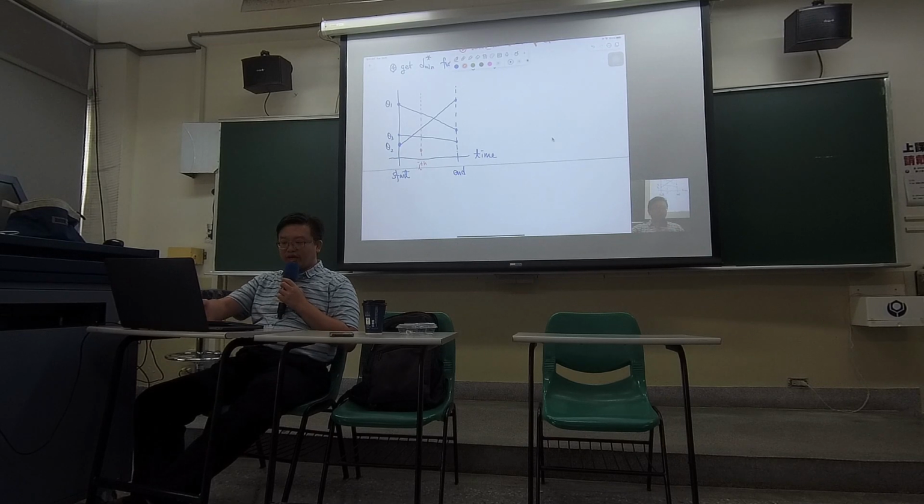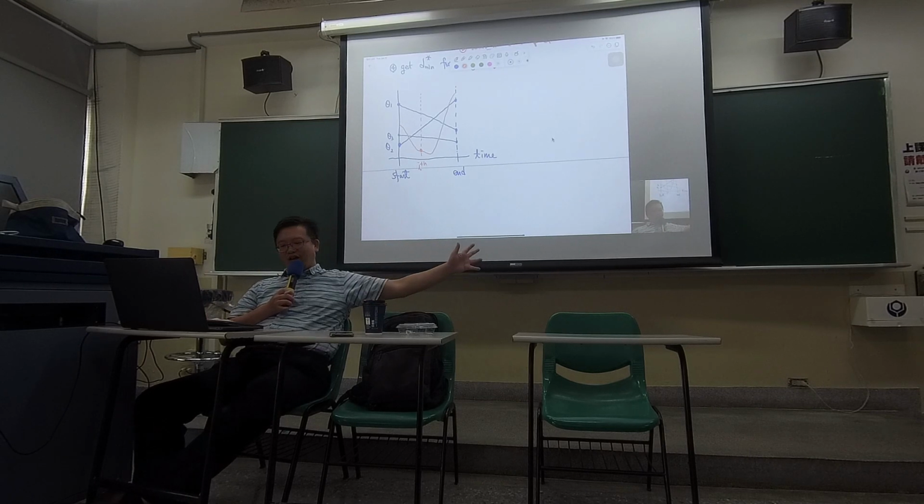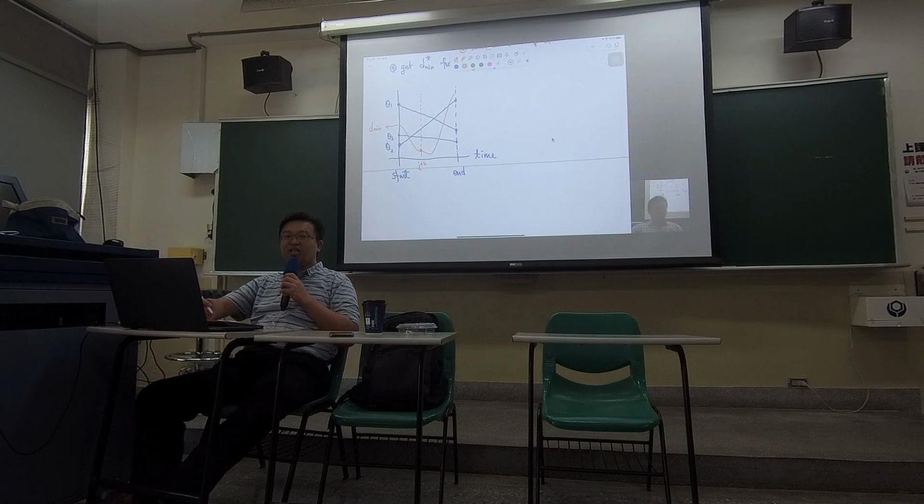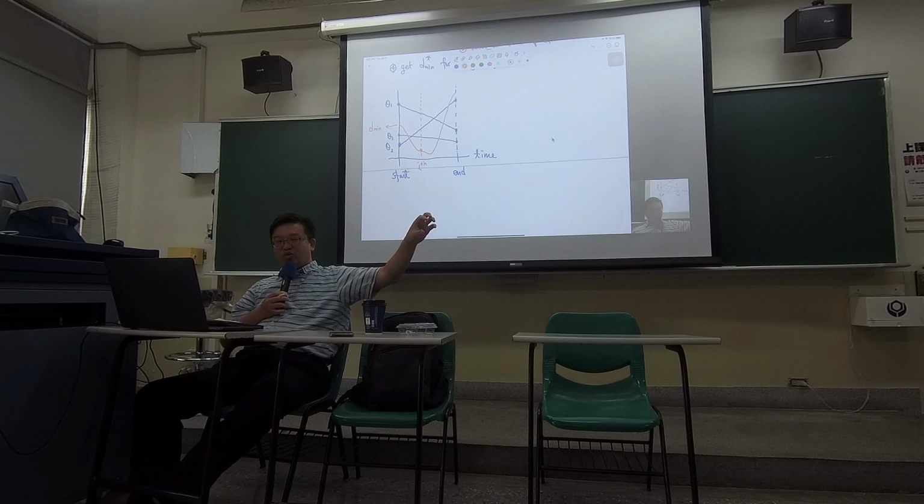And I keep on doing this, I realize the shortest distance could be something like this. Okay? If I did all the calculation for every ith configuration, and I am able to draw a curve like this. And maybe, by the way, this is the shortest distance. Different unit. Blue one is angle, red one is distance.